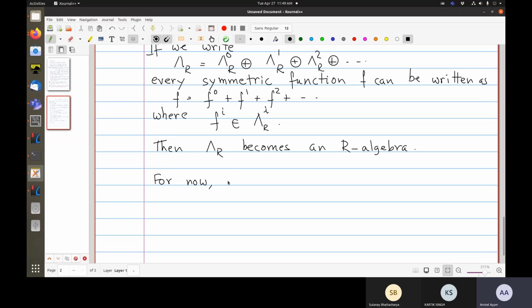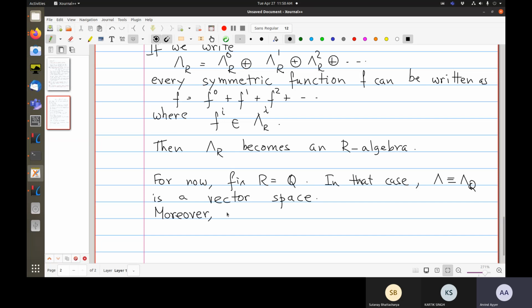For now, fix R equals Q. In that case, lambda, which is lambda Q, is a vector space. In fact, it is graded.